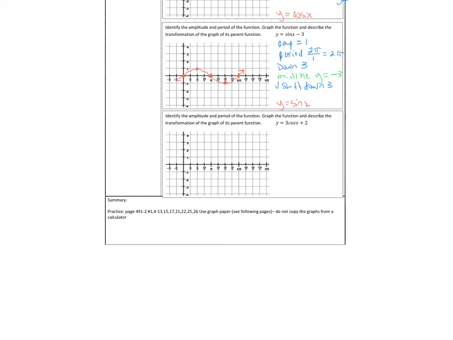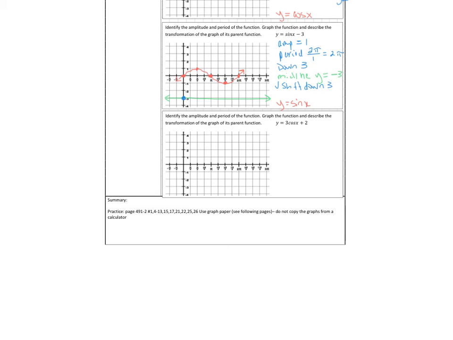I'm going to definitely draw my midline this time at y equals -3. That will help guide me to remember how everything should look when I shift it all down 3. So that's my big move this time, is to take each point and shift it down 3. So at 0, 0, that's going to become 0, -3.